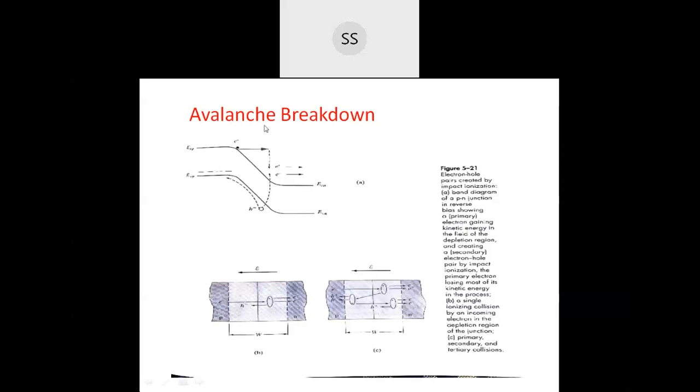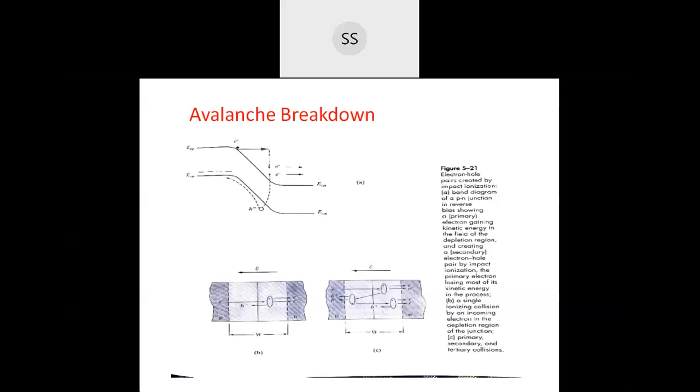You can imagine one electron will generate two, two will generate four. Like that, the number of carriers is going to increase. That is called carrier multiplication. Due to continuous collision, there will be carrier multiplication, and the original electron and generated electrons are both swept across, so the degree of multiplication is very high.